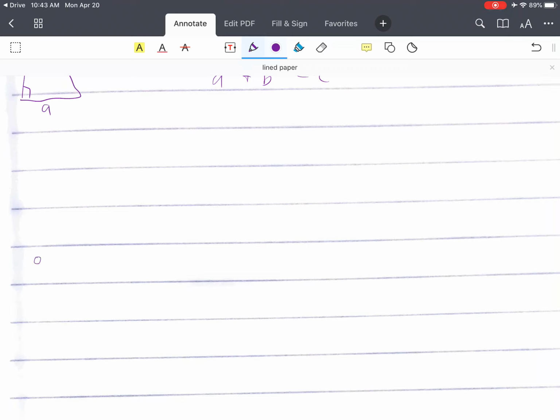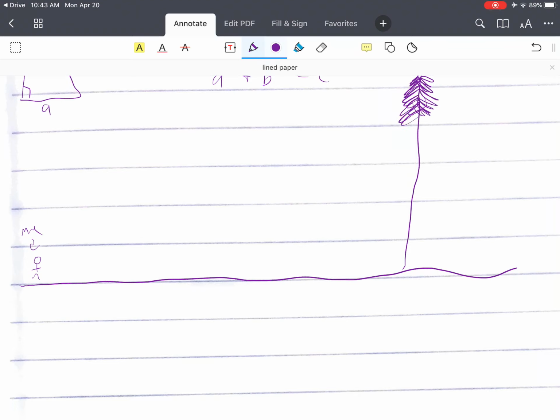I am standing right here. Okay, imagine this is the ground. We're gonna draw like a picture, okay? Imagine that's me. And there is a redwood that's this tall. It's super tall.